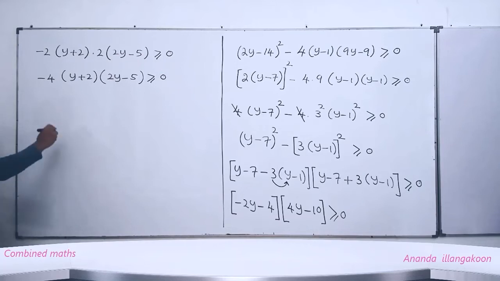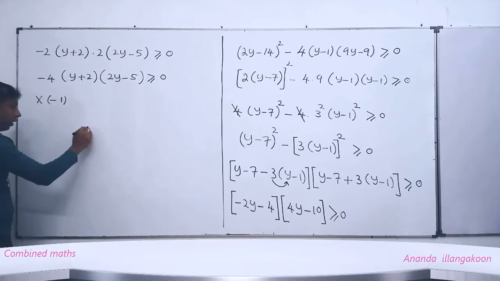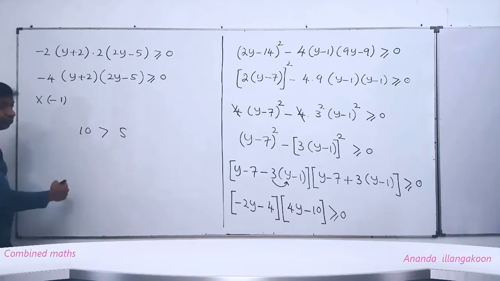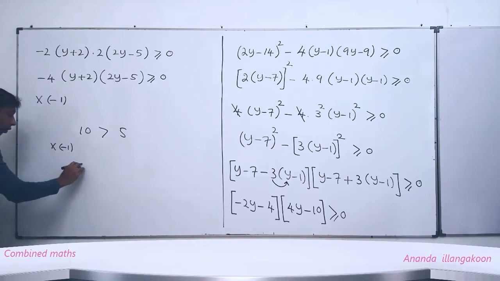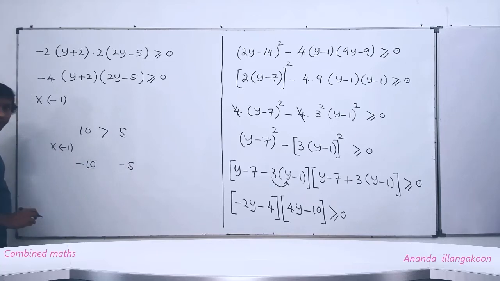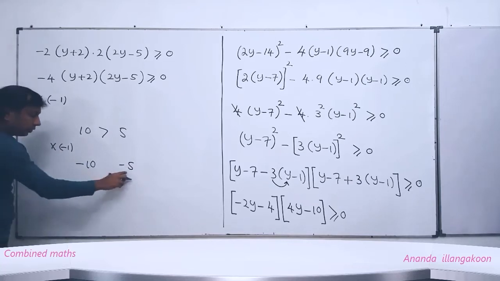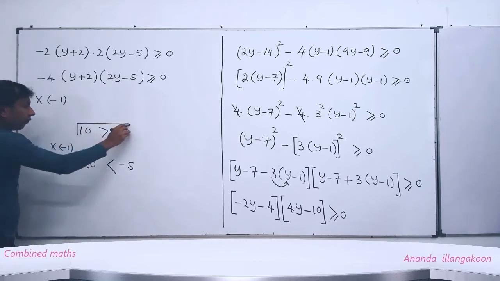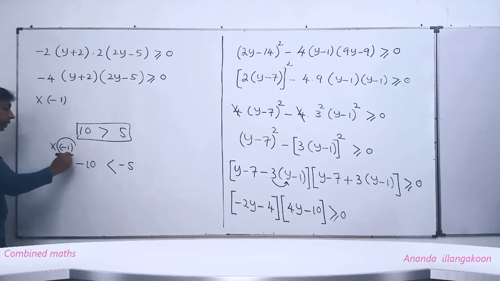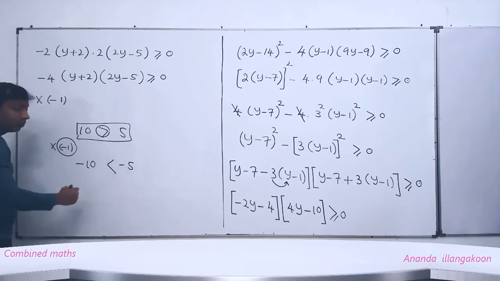Right? Now we multiply both sides by a minus sign, that means minus 1. You know, here 10 is greater than 5. This is true, no? When I multiply this by minus 1, what do we get on the left hand side? Minus 10. Right hand side? Minus 5. Now what is bigger? The bigger number is this. That says, when we multiply this kind of inequality by a minus sign, soon after multiplying, the direction of this gets opposite.